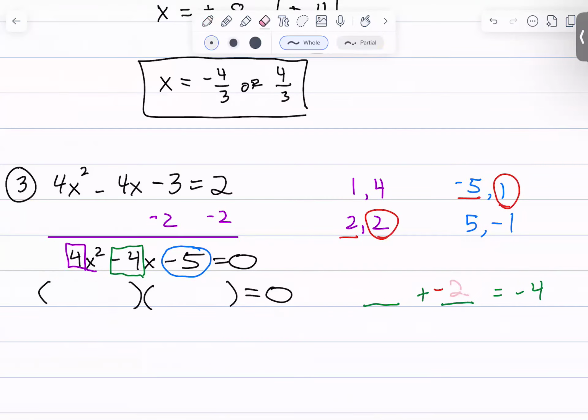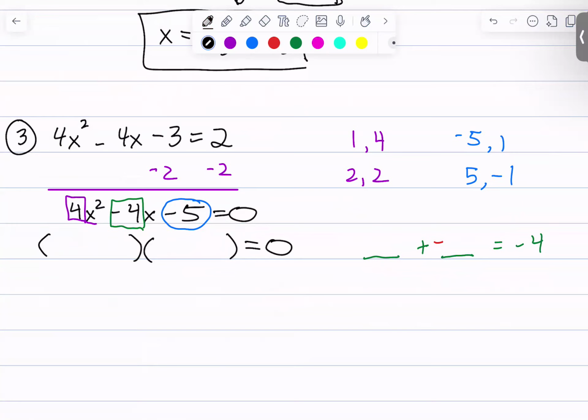Now what we're going to do is switch over to the quadratic formula. We have our a value. Remember, our a value is the coefficient of x squared, which is 4. My b value is the coefficient of x, which is negative 4. And my c value is my constant, which is negative 5.